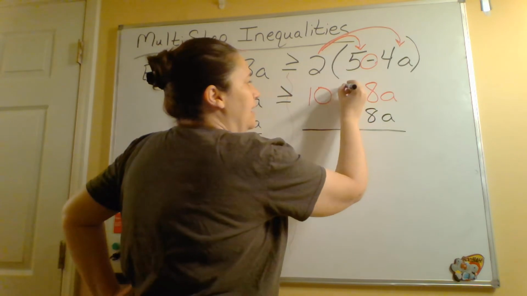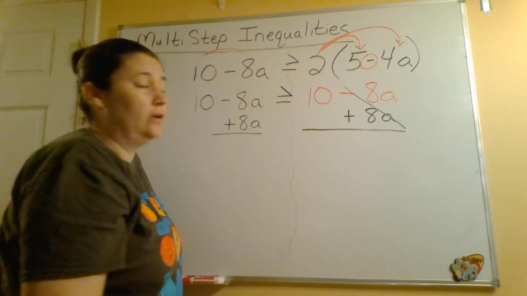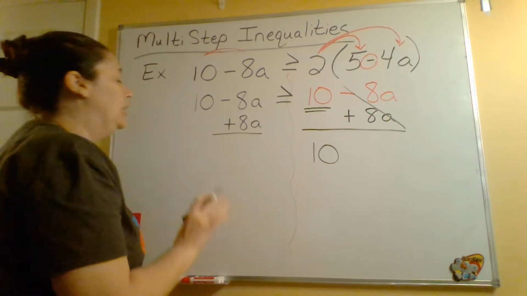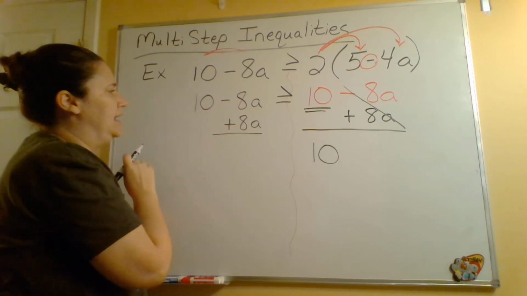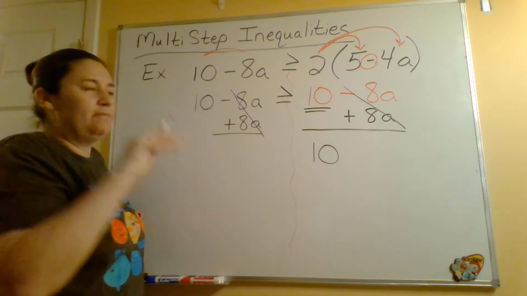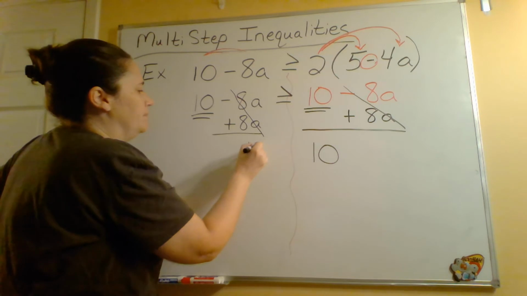When I do that, those cross off. Minus 8a plus 8a makes 0. I have 10 left on the right. On the left side, minus 8a plus 8a makes 0. They cross each other off. All of my a's are gone. That's so weird. All I have left is 10.